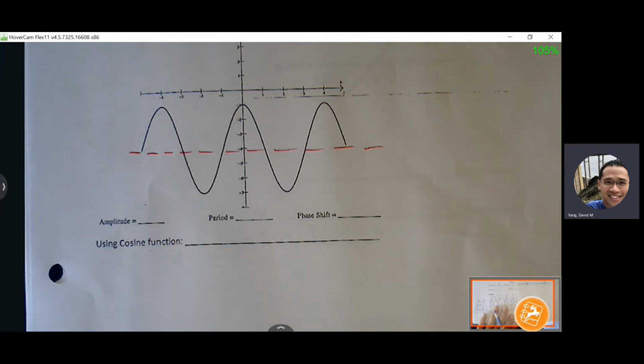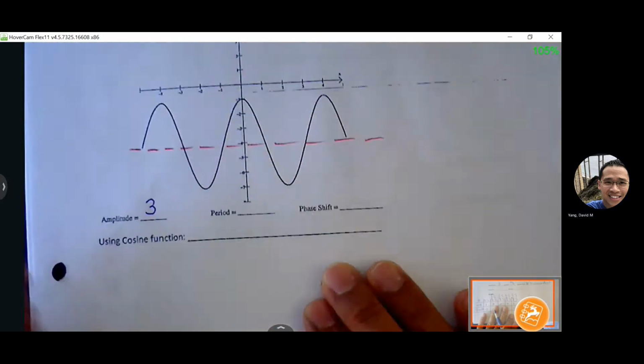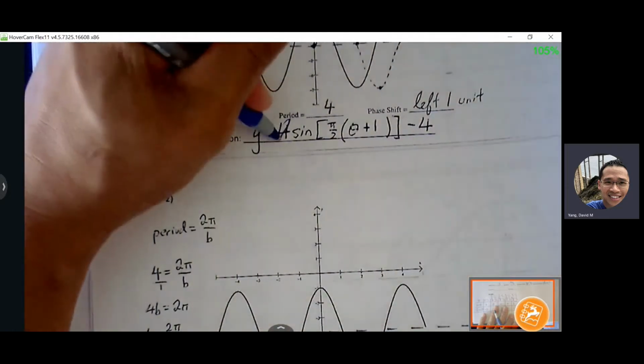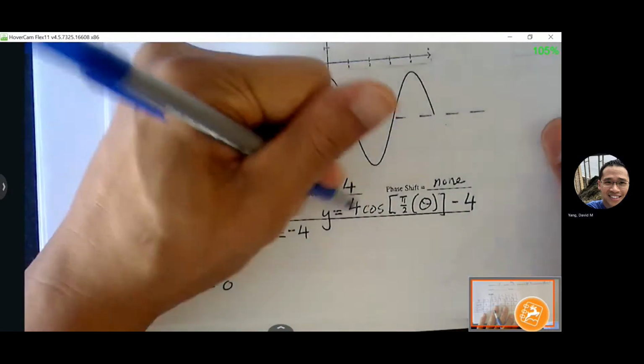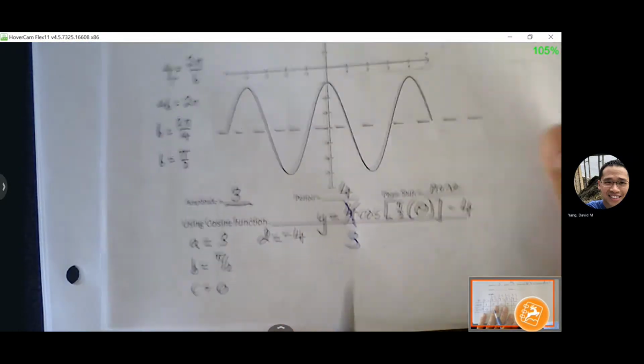On my key, I didn't write the sine function correctly, but I did put the amplitude correct. So if you're looking ahead at the key, I made a mistake here. It should be 3 sine and 3 cosine.